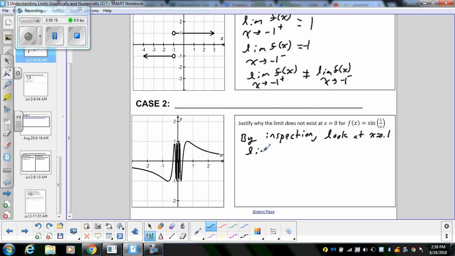And we see that the limit of f of x as x approaches 0 from the right side, here's 0.1-ish, we can see from the right side, it looks like it might be less than 0.